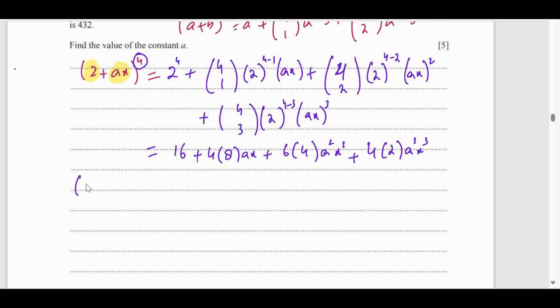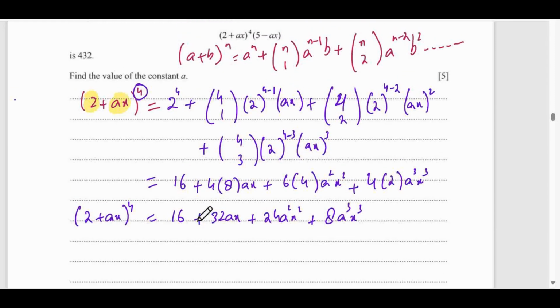So (2 plus ax) whole power 4 is equal to 16 plus 32ax plus 24 a square x square plus 8 a cube x cube.